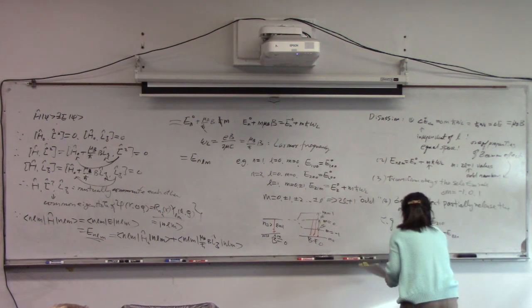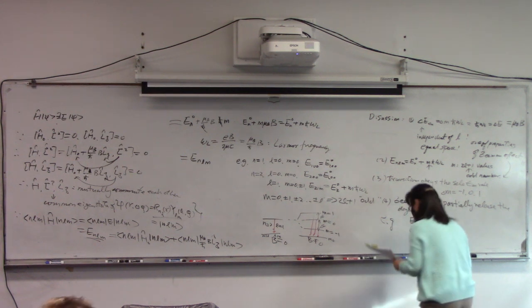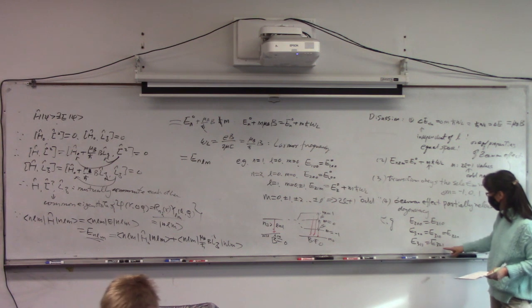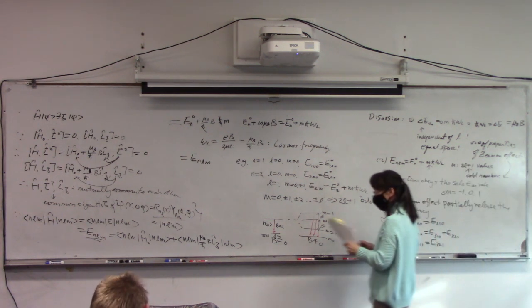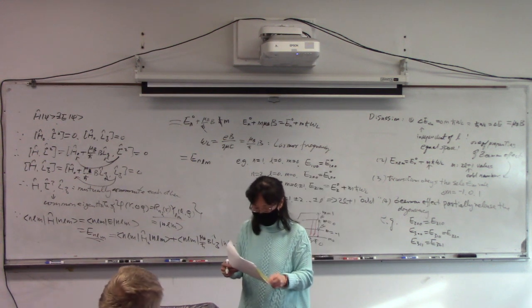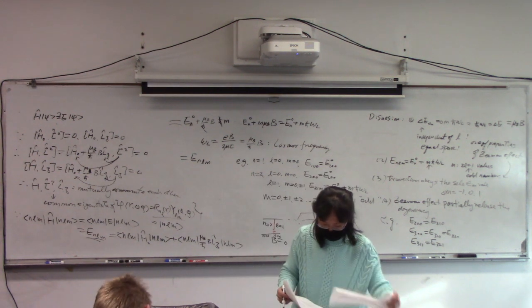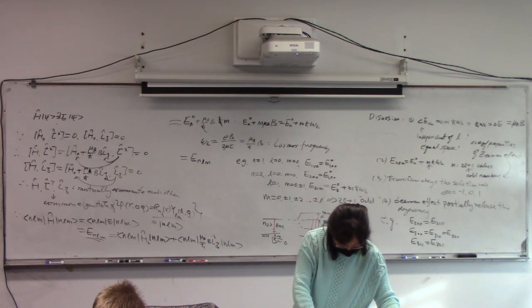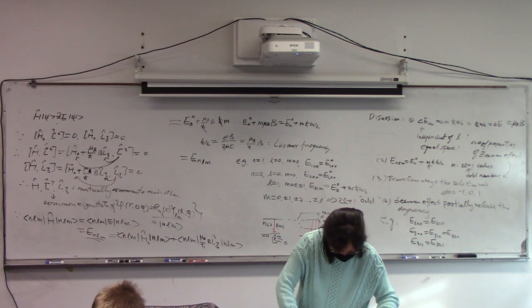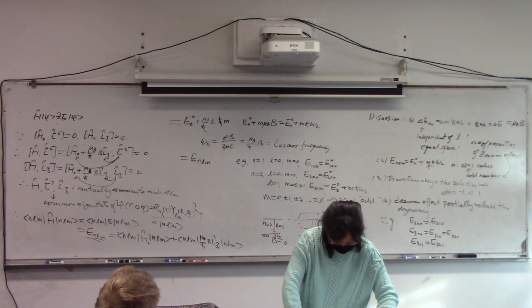Another example, E311 and E321. Right? L is not the same, but m is the same, so the energy is the same. Okay, I think that is a brief discussion of the effect of the magnetic field, and how it will lower or lift the degeneracy.